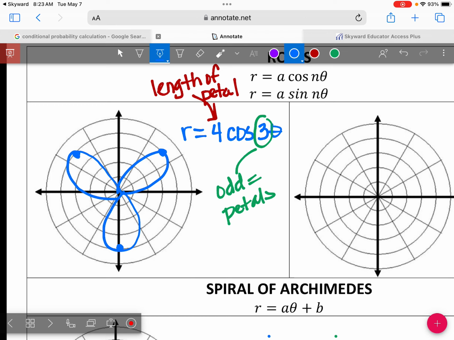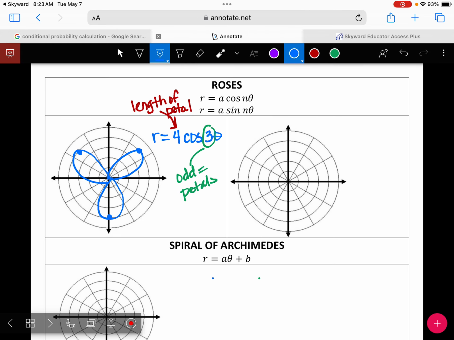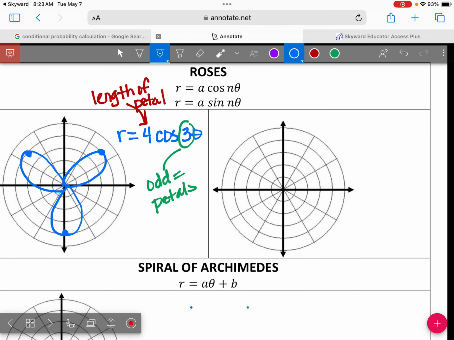But if you don't want 3, if we don't want an odd number of petals, we need to flip it to an even number. But when we do that, there's a little trick. So if I were to change this, let's say r equals 4 sine of 4 theta.